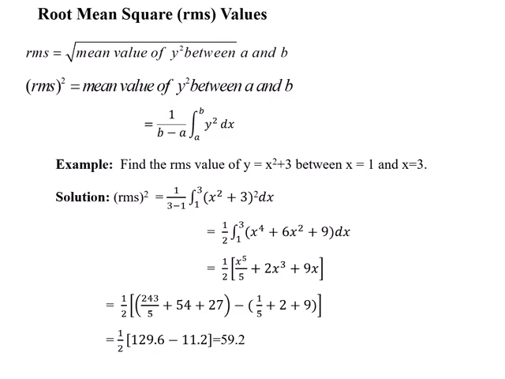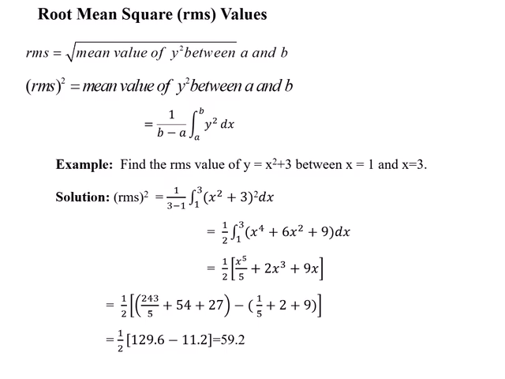Now we move into root mean square values. Here we are looking into the root mean square values, where the root mean square is equal to the square root of the mean value of y squared between a and b.